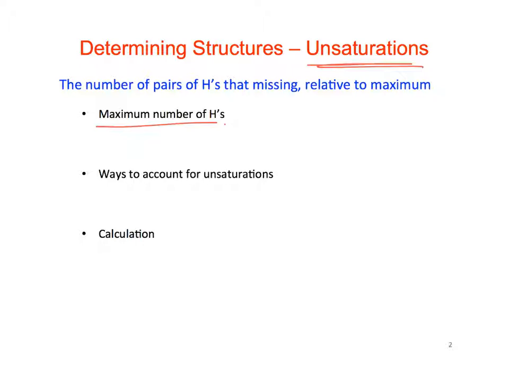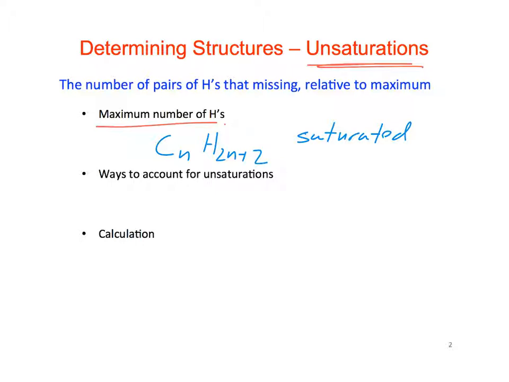If we have N carbons, how many hydrogens could we have? 2N plus 2. This is what we would refer to as totally saturated: it has the maximum number of hydrogens.